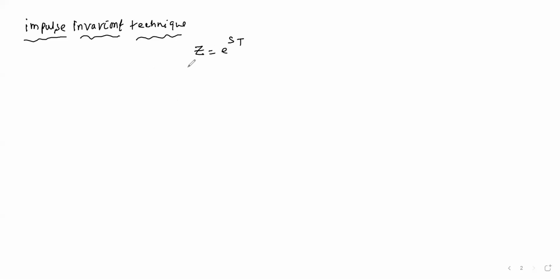Get it? Now, what is Z? You all know Z equals r e to the power j small omega. This small omega I am using for the digital domain, and capital omega, which we use for Butterworth-Chebyshev, is for the analog domain, equals e to the power of what is S? S is sigma plus j capital omega, multiplied by T. What is this T?